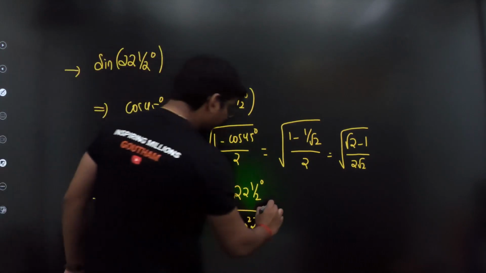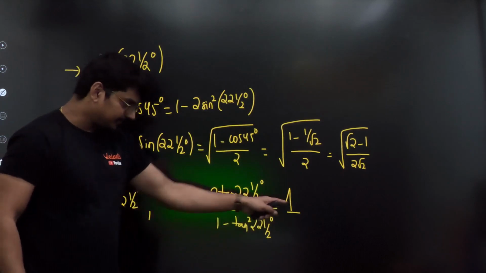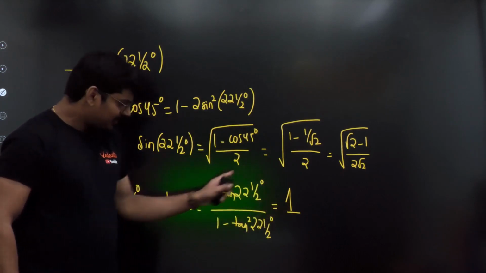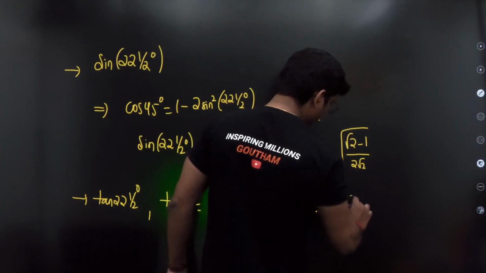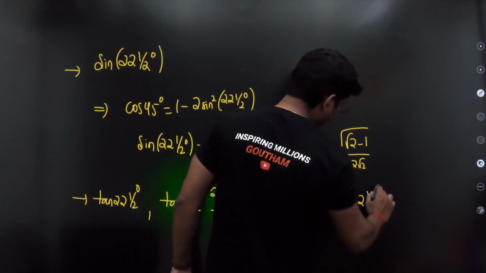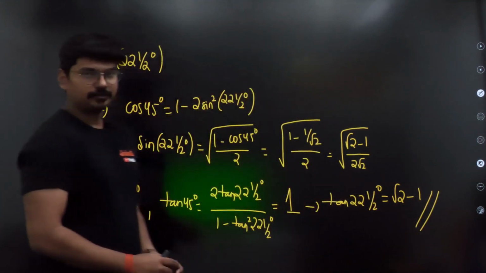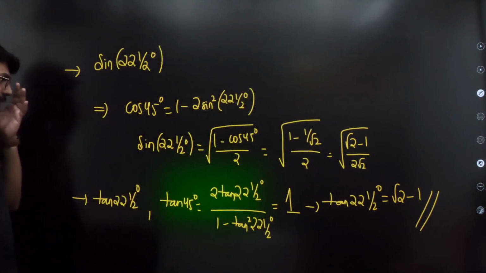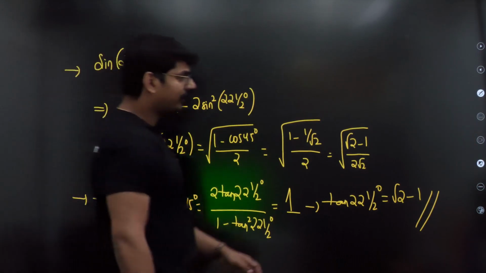Okay, and tan 45 is going to be equal to 1. So substitute. You can just take this to the right hand side and solve the equation. If you solve the equation, this is what you're going to get. Tan 22.5 degrees value, you are going to get it as root 2 minus 1. So I hope this is clear for everyone out there, like how do you figure out sine 22.5 and tan 22.5.